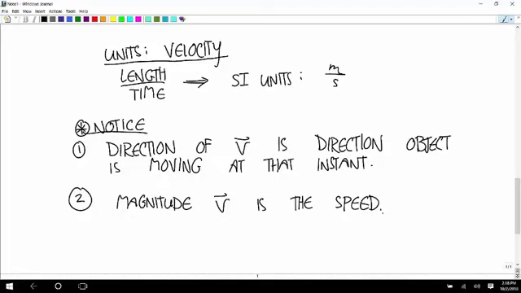So that was true in 1D also, like if we were given a speed, if we said something was going 10 meters per second to the right, and say our positive direction was to the left, then for the velocity, we would say 10 meters per second negative because it's going in the negative direction. Now we'd say we have a vector whose magnitude is equal to 10 meters per second, and we'd use the angle of its motion to come up with the components.